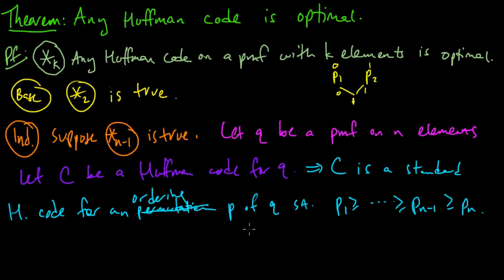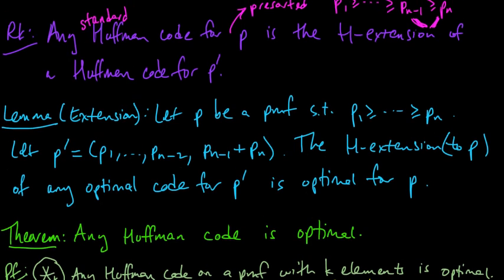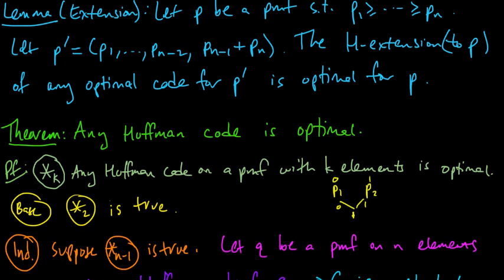So P has all the same elements as Q, but now they are in descending order. And now we can use our remark, which said that any standard Huffman code for a pre-sorted P is the H extension of a Huffman code for P prime.